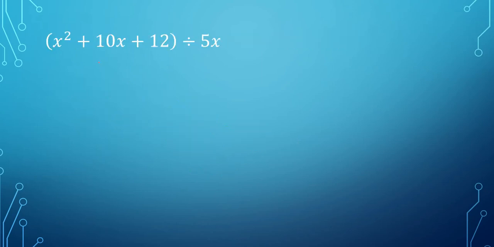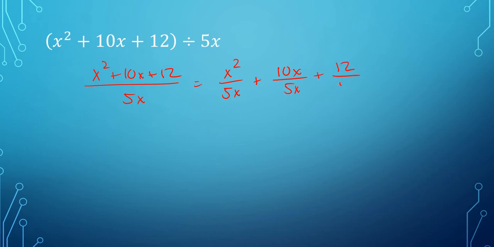Let's look at another one. Again, x squared plus 10x plus 12 divided by 5x. That's x squared over 5x plus 10x divided by 5x plus 12 divided by 5x. Using my rules, there's nothing to cancel the 5 with, so it stays.